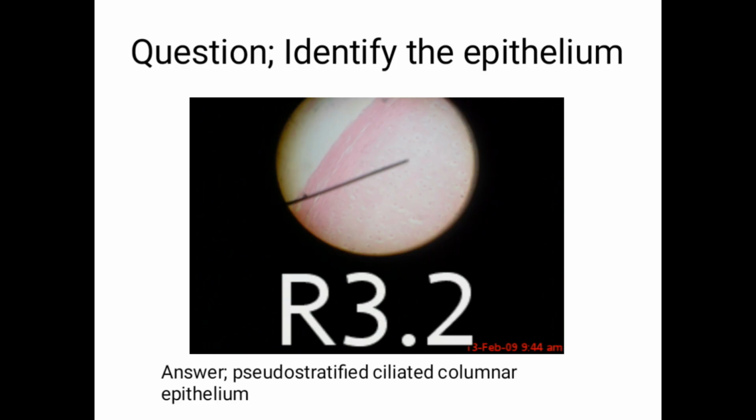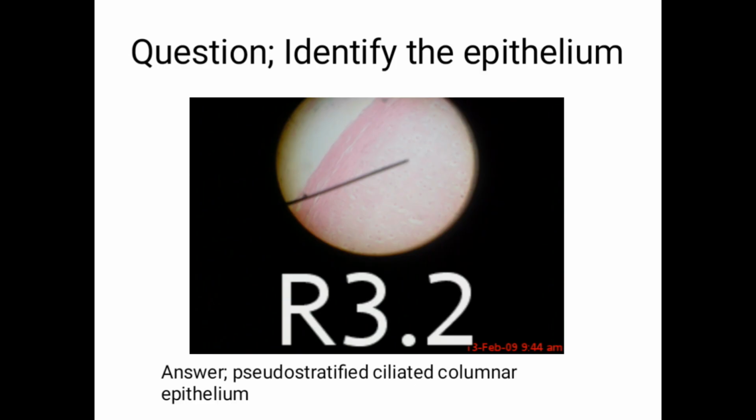And here you have a pseudostratified ciliated columnar epithelium. They appear to be multi-layered, but all the cells touch the basement membrane. The way they look is as if they are different layers, but the difference is that some cells are taller than the others. That's why it looks stratified. So it's a fake stratification. And then you also find cilia, they are ciliated.